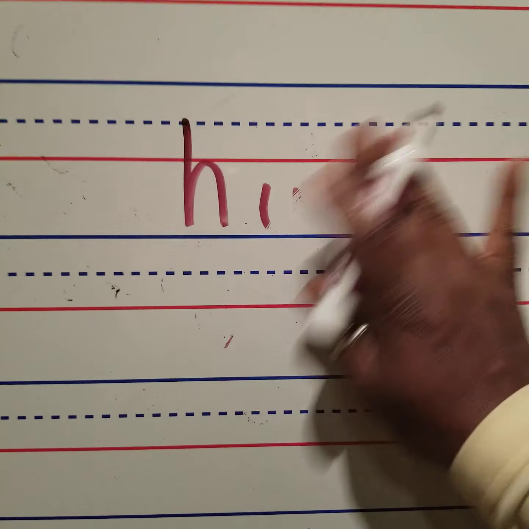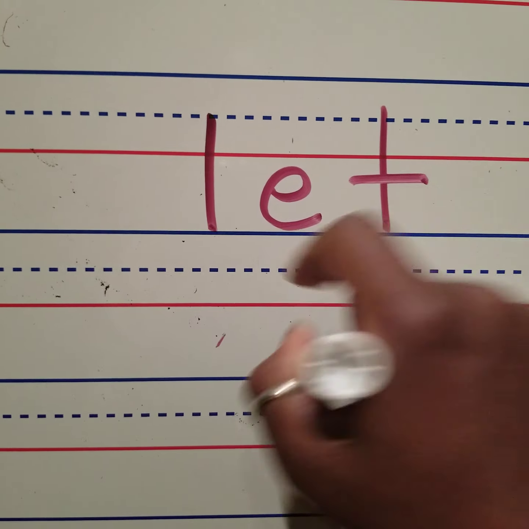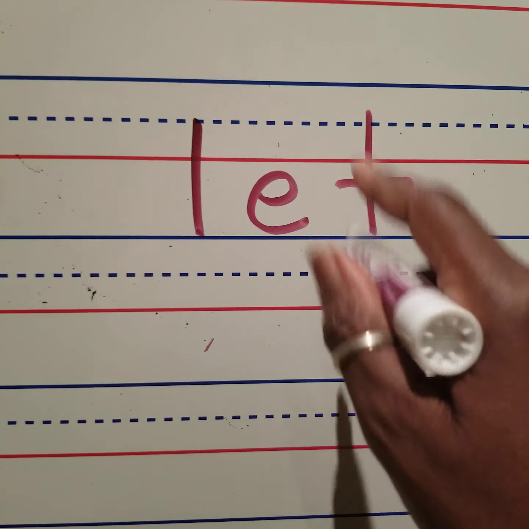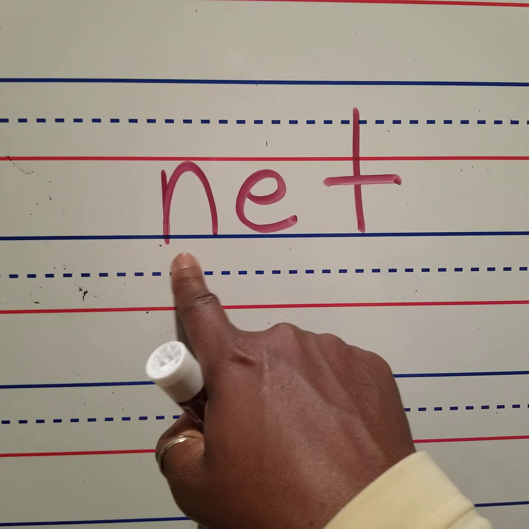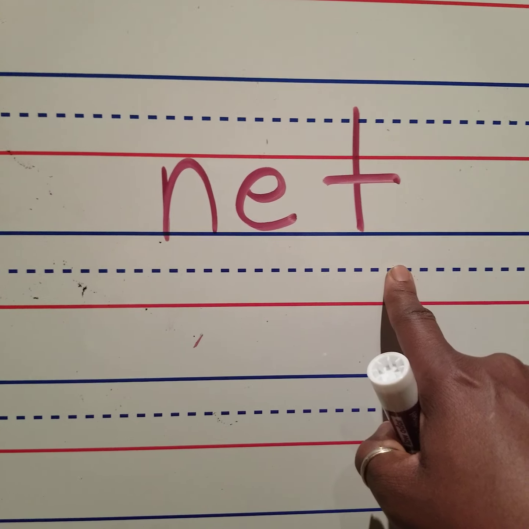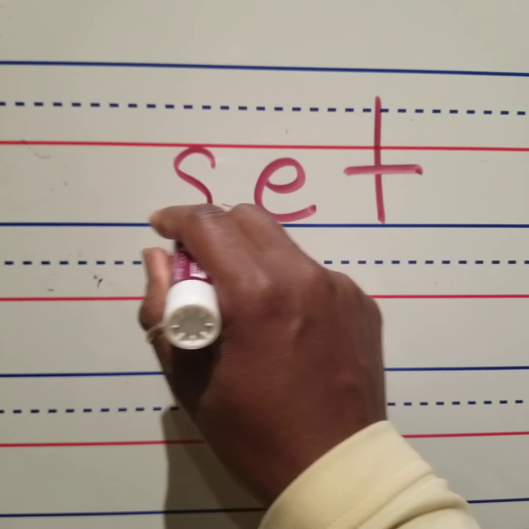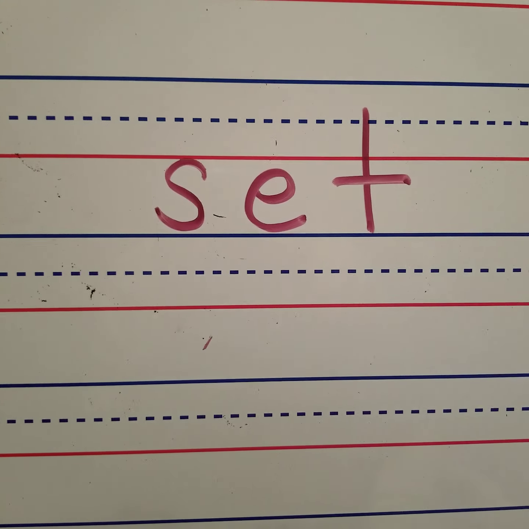All right, next word. We're going to have let. If I change the L to N, I have net. And if I change the N to S, I have set.